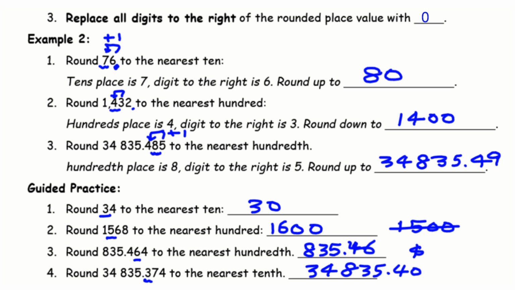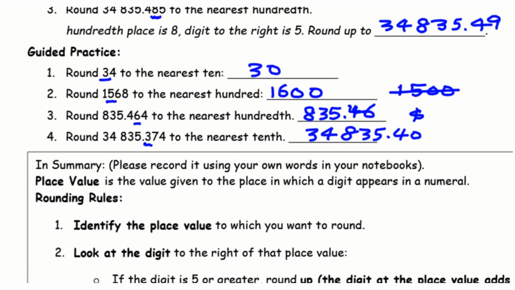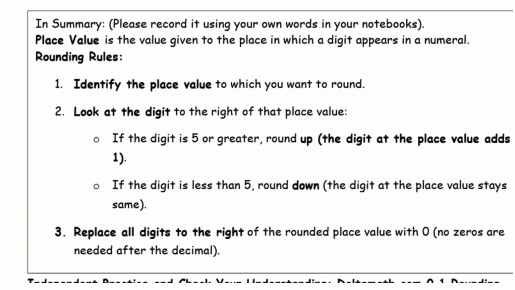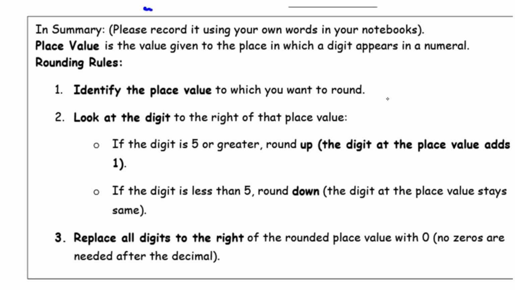So this is place value and rounding. In a summary, we are going to see what we have done in this lesson. You could record it using your own words in your notebook. Place value is a value given to the place in which a digit appears in a numeral.